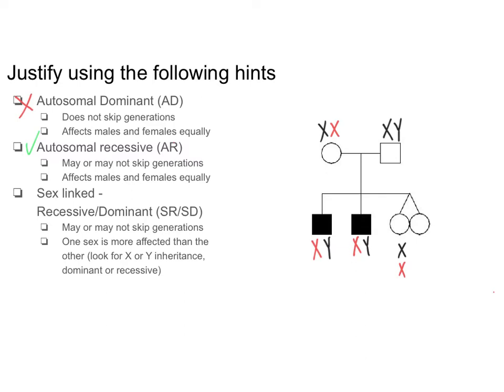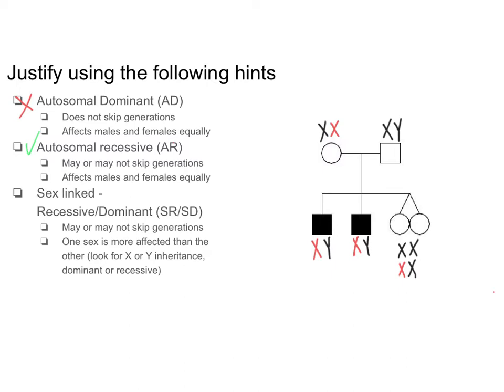But from their father, the only thing that he can donate is the unaffected X chromosome, in which case the daughters would be homozygous for the normal X chromosome or heterozygous for the condition.